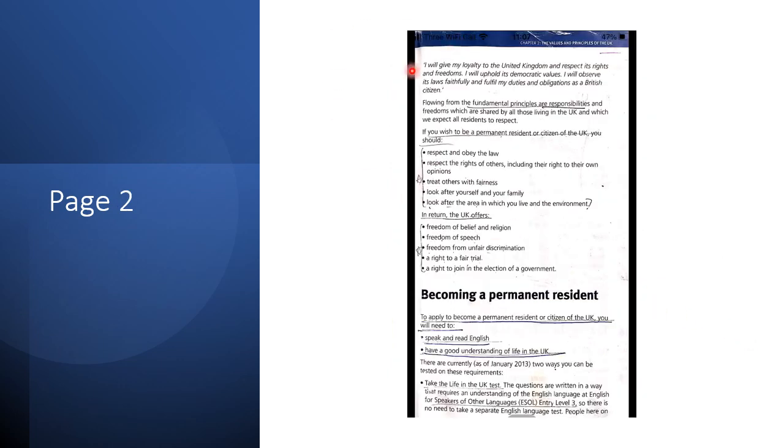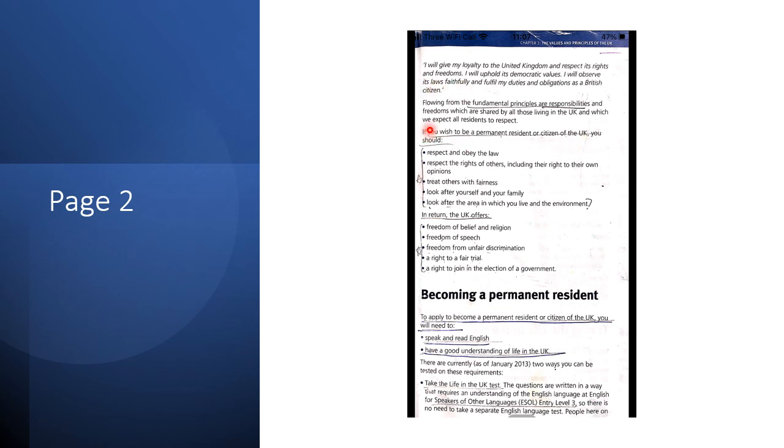Page 2 says, I will give my loyalty to the United Kingdom and respect. You can read this; I'm not going to read that here. This is the quotation from the actual pledge. You don't have to remember that. The interesting thing is, no question comes from this, most of the time. The important thing is to remember those 5 principles.